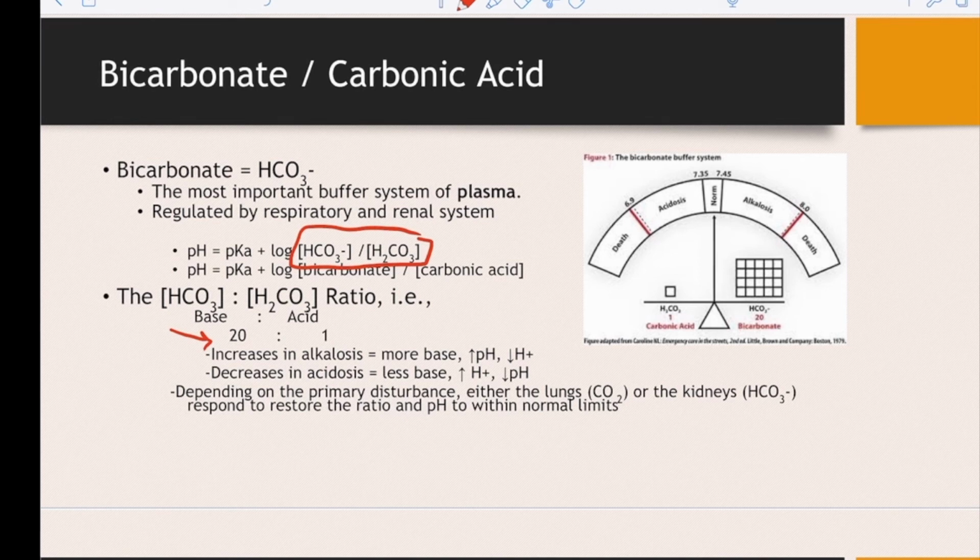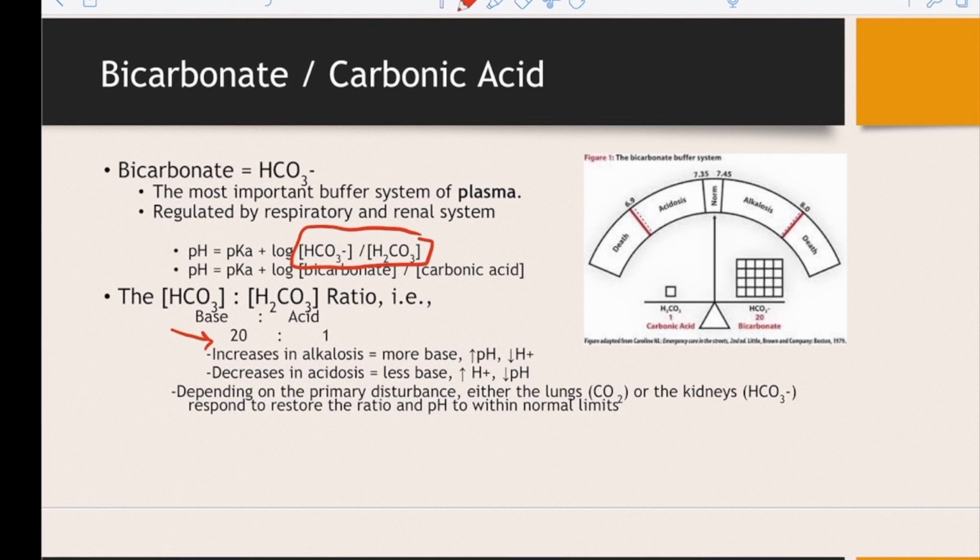Now, if you have even more base added to this particular ratio, let's say that you have an excess of HCO3 and you have less H2CO3, what's going to happen to the pH if you have more base? The pH is going to go up, right? And so thus, with the pH going up, we also see that the protons are going to decrease, right?